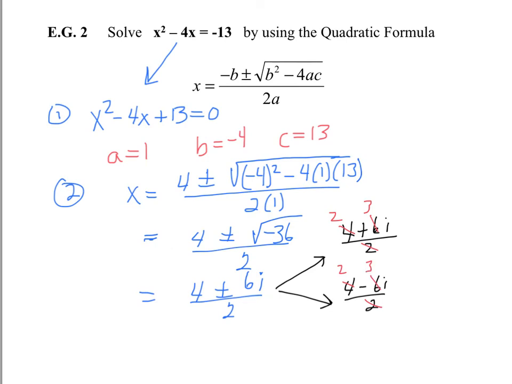So here for our roots, we have 2 plus 3i, comma 0, and we have 2 minus 3i, comma 0 for our roots, which are two imaginary roots because of the i's, and on the graph it would mean that we have the parabola not touching the x-axis. We can't read these off the graph, but through the quadratic formula we're able to calculate and find the actual imaginary values.